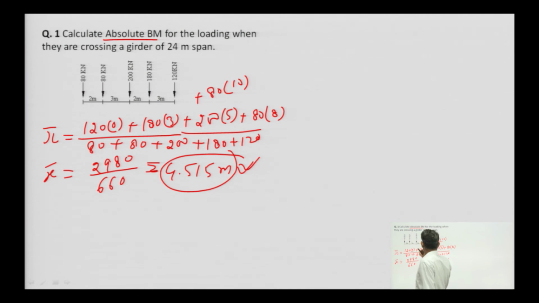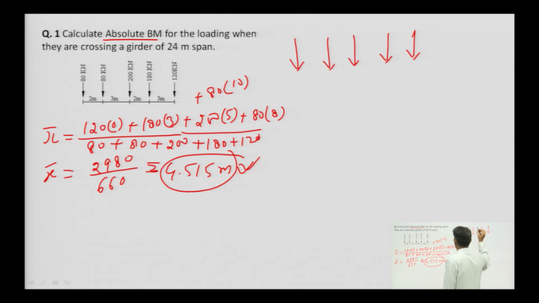Okay, the CG of the load system. Look here, let us make the 5 loads: 120, 180, 200, 80 and 80.